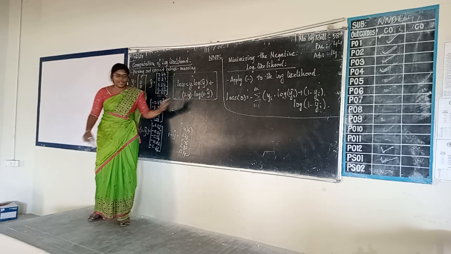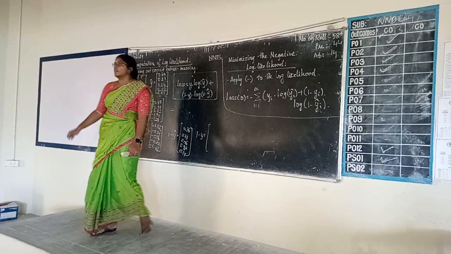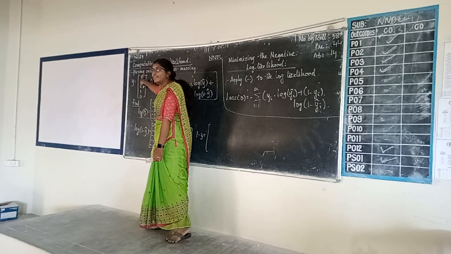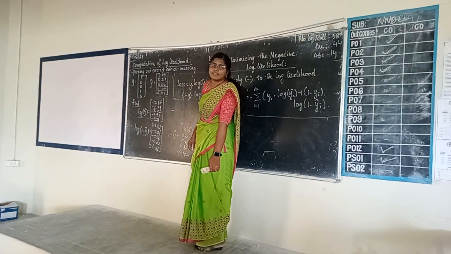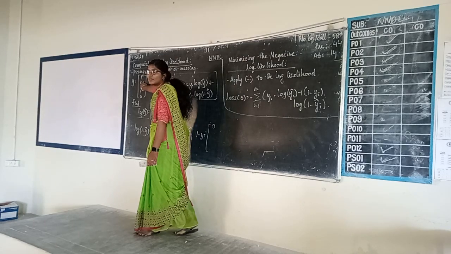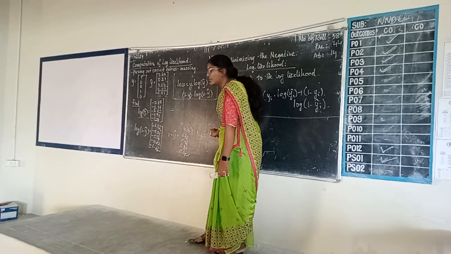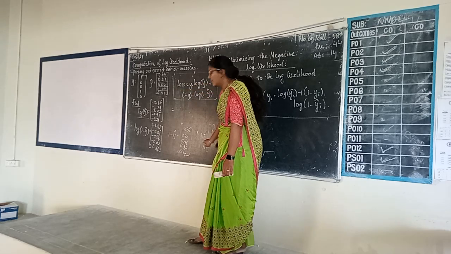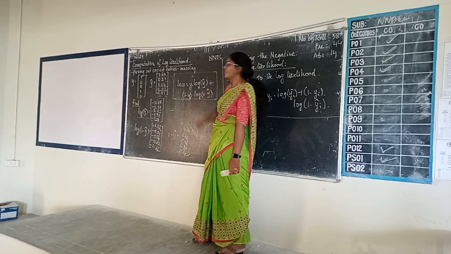We need 1 minus y, right? So 1 minus y: first value is 1, so 1 minus 1 is 0. Next 1 minus 0 is 1. So this is for 1 minus y.